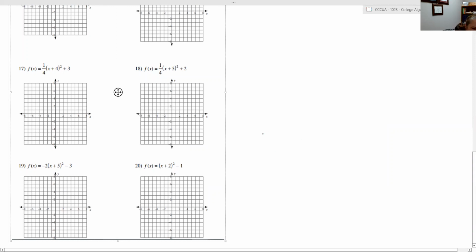Now to graph these things, I need to identify the vertex, the axis of symmetry, the y-intercept, and any x-intercepts. Since this one is already in vertex form, I can see that my vertex is (-2, -1).